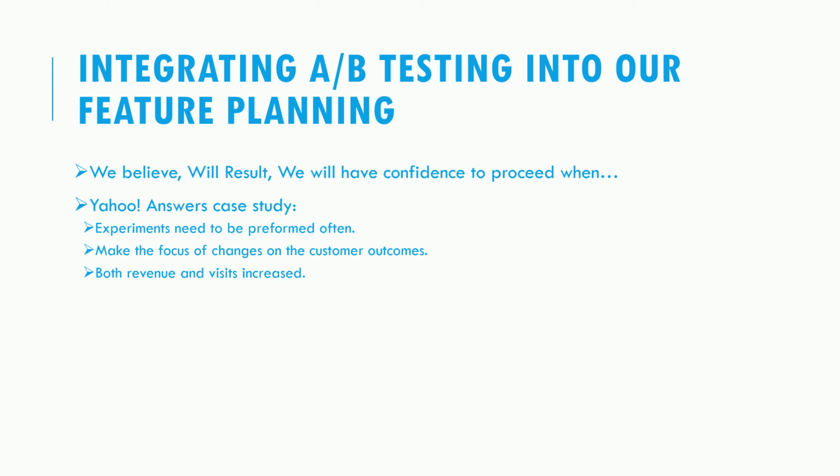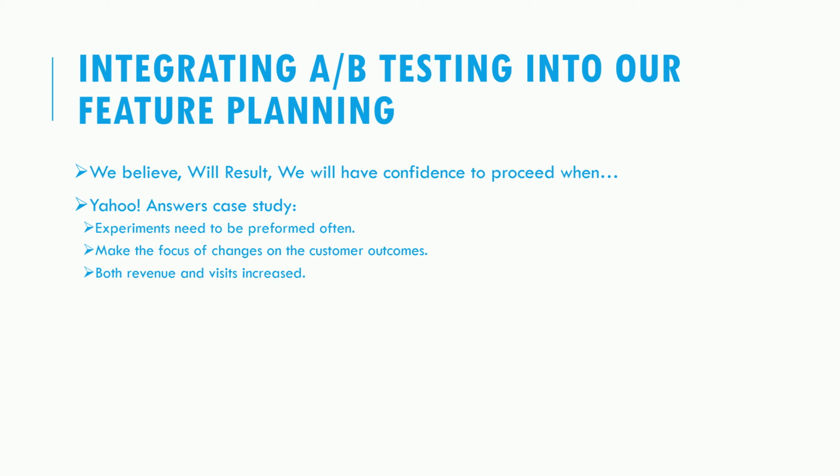What's interesting is the team at Yahoo Answers actually did a study where they looked at what A/B testing was to them and how it actually improved things. What they realized was the experiments need to happen a lot more frequently than what they thought.